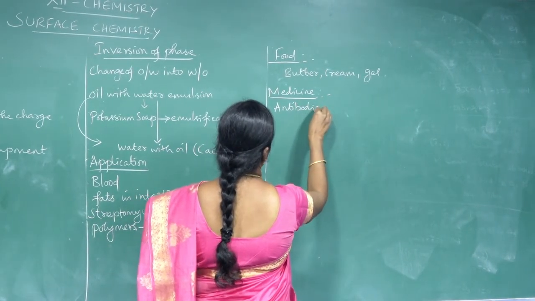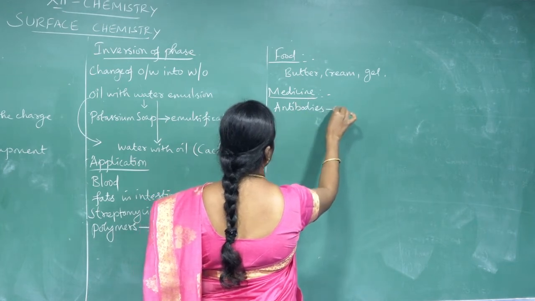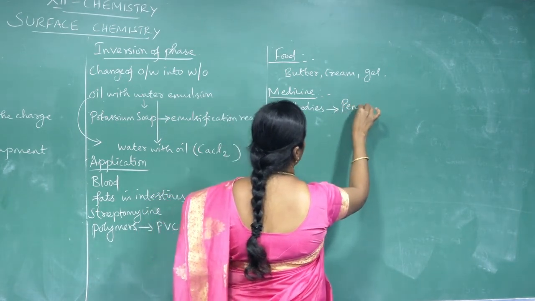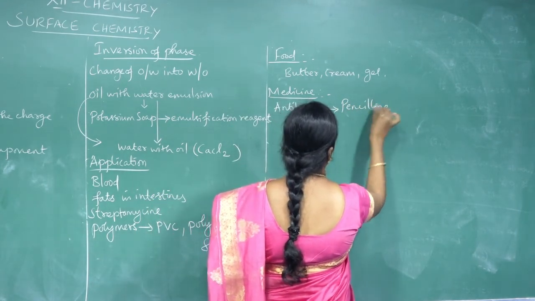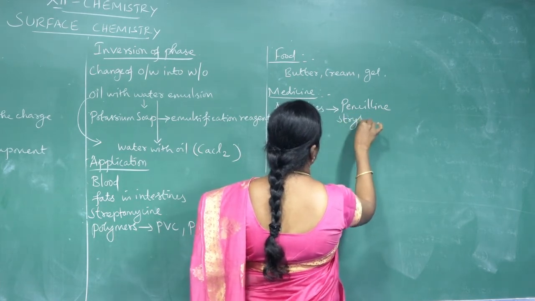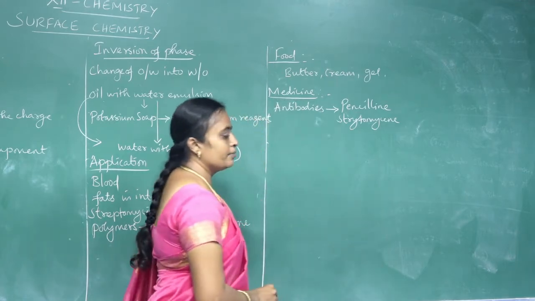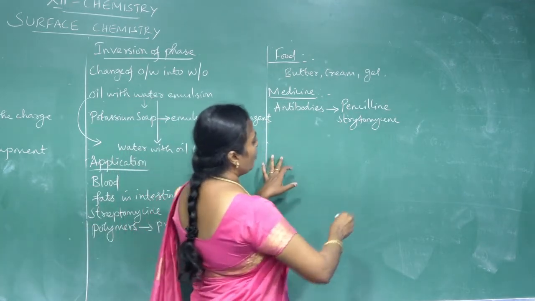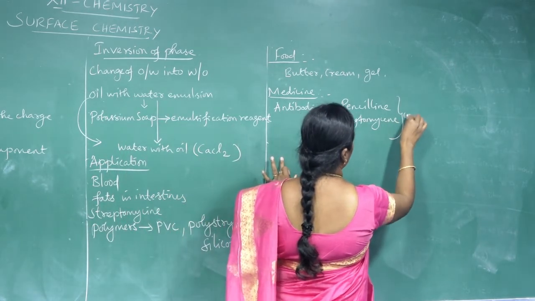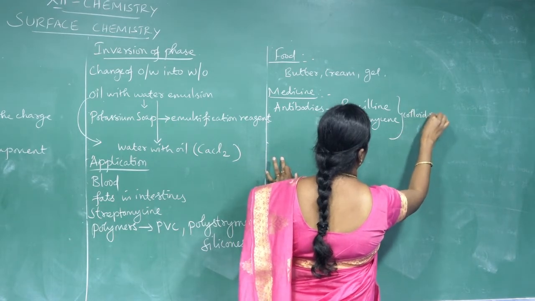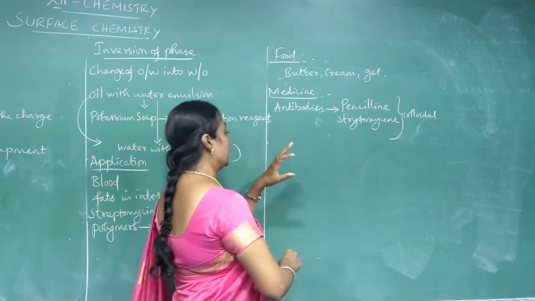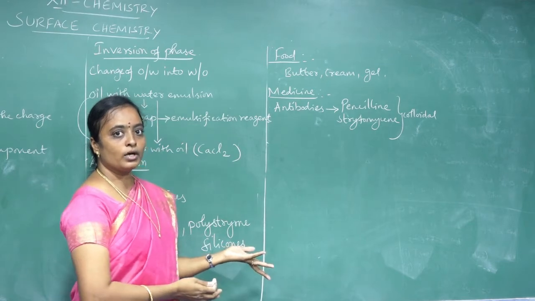So antibiotics, we can take a good example, penicillin and streptomycin. Both are used in the colloidal form. If you are using an injection, it has to be in the colloidal form.